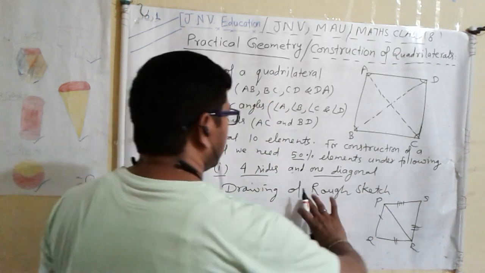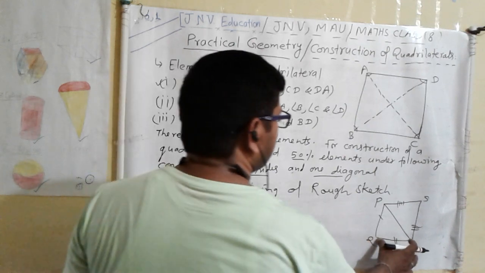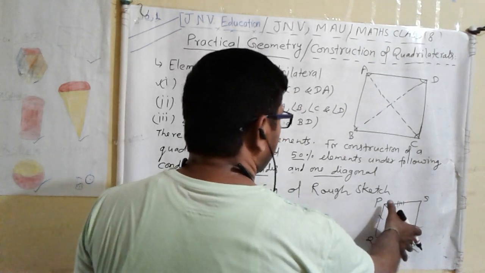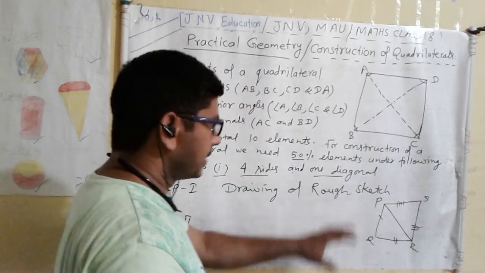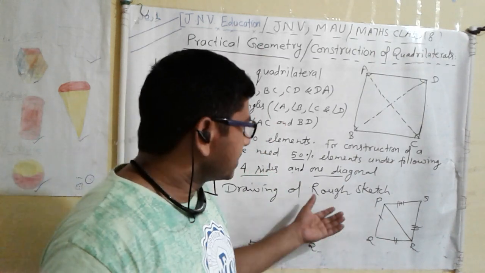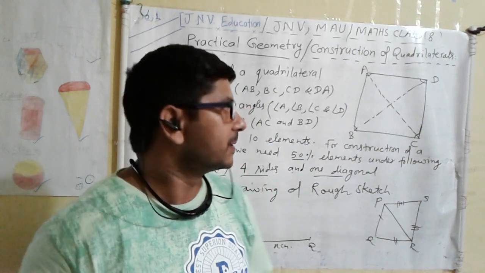So take your compass and adjust QR and draw an arc. After that, take RP and draw, and similarly complete the construction. So in this way, we can construct the quadrilaterals according to the given measures and condition.